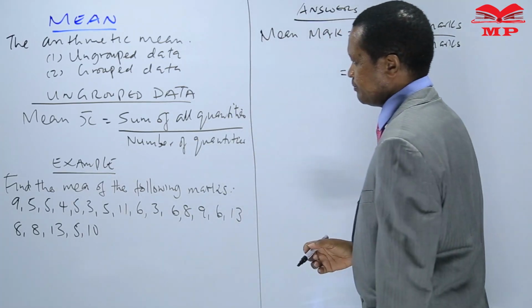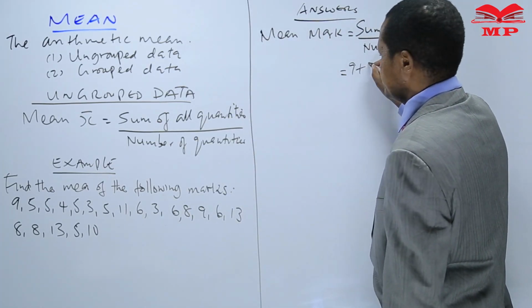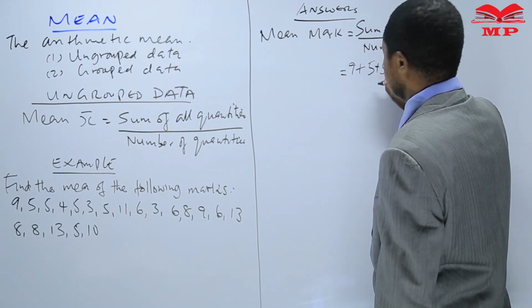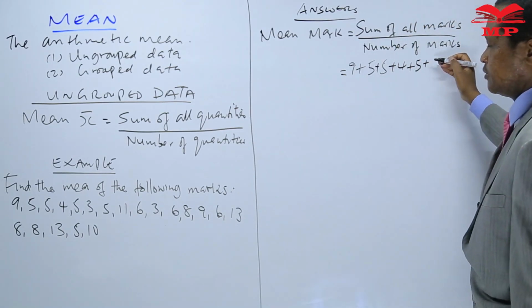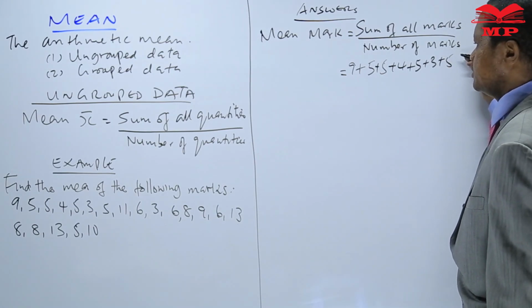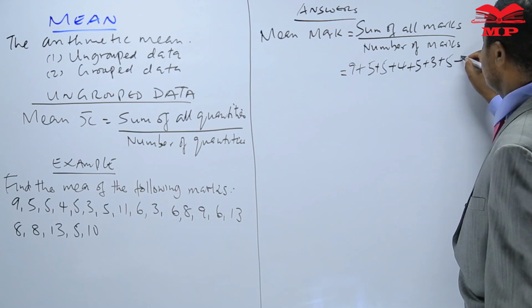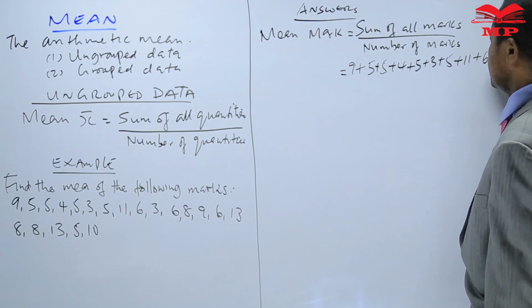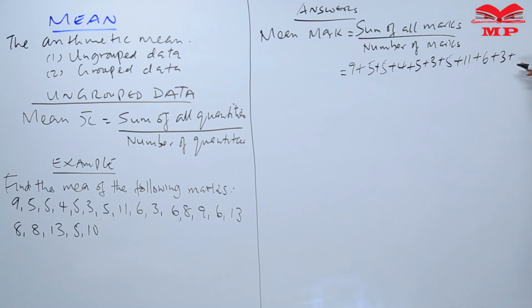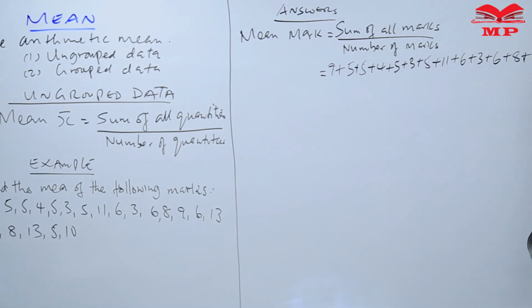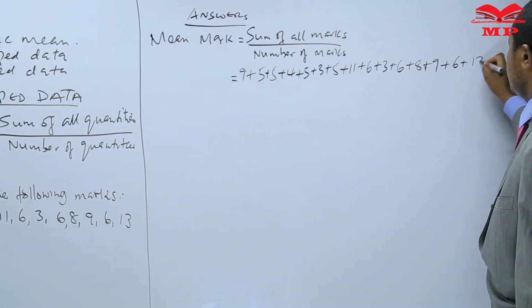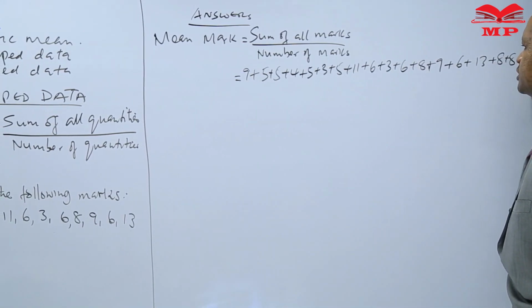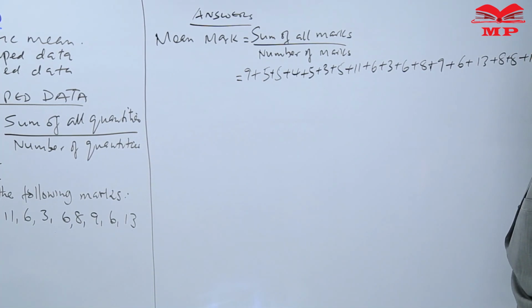So we get the sum by adding 9 plus 5 plus 5 plus 4 plus 5 plus 3 plus 5 plus 11 plus 6 plus 3 plus 6 plus 8 plus 9 plus 6 plus 13 plus 8 plus 8 plus 13 plus 5 plus 10.